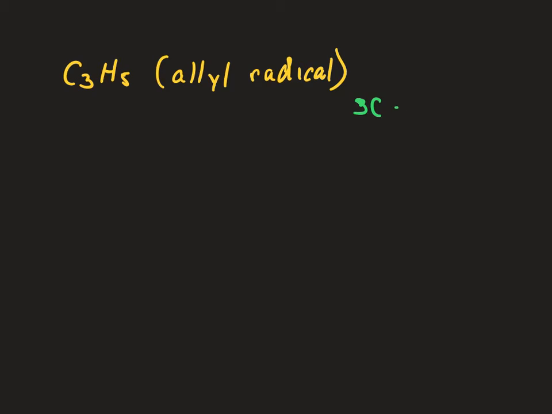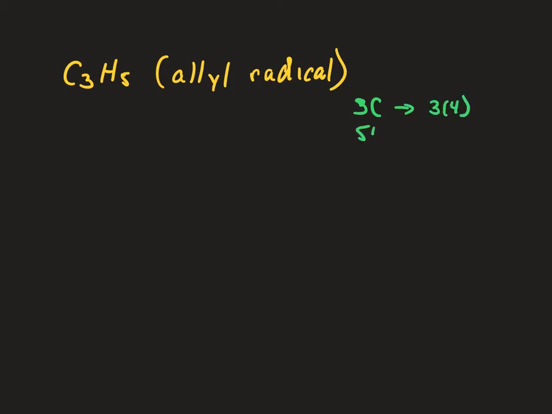Let's consider the C3H5 neutral species, what we'll call the allyl radical. In this one, let's quickly go through our electron sum. We have 3 carbons, that's going to be 3 times 4.